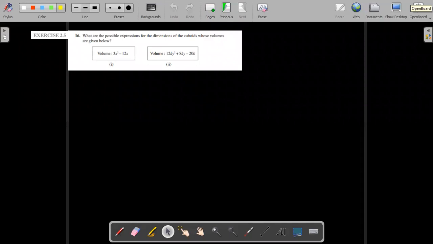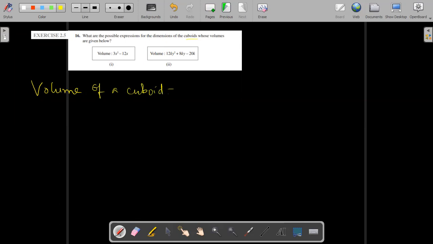Now we have to find the volume. Means the volume is given, and we have to find the length, breadth and height of this cuboid, because you will remember that the volume of a cuboid, here they are asking about the cuboid, is equal to length into breadth into height.